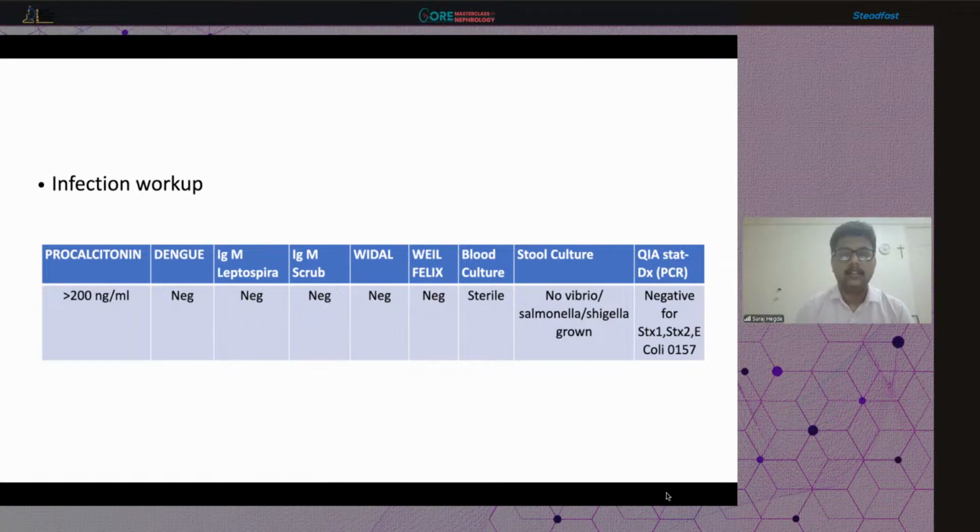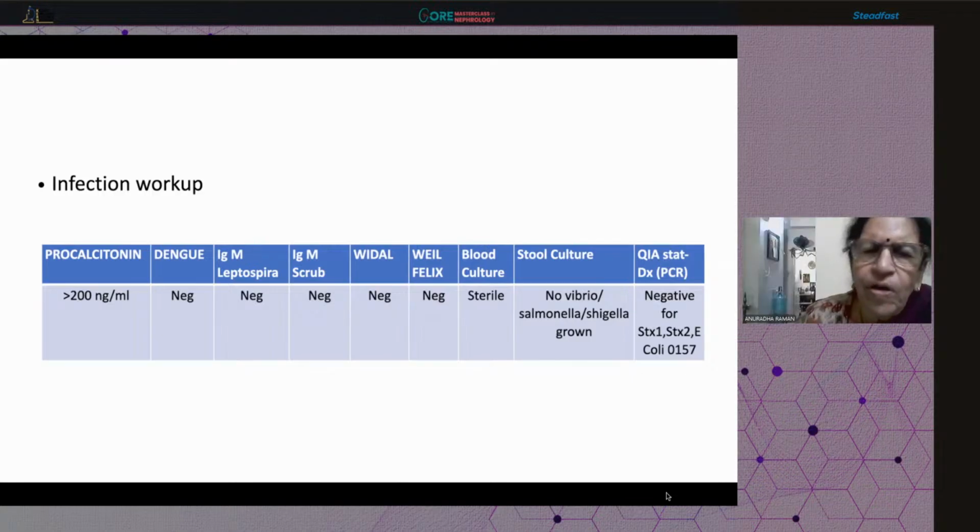At least 1 to 2% schistocytes has to be present in the peripheral smear. Of course, the guidelines don't say that schistocytes need not be present, but schistocytes is something which is reported by a pathologist.